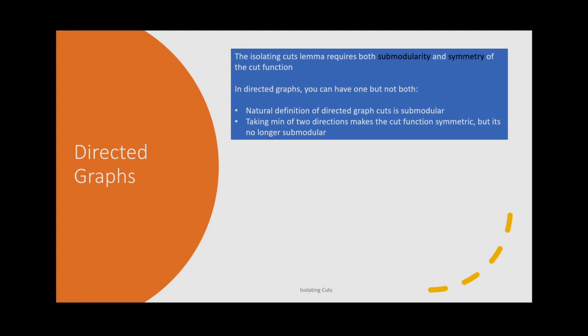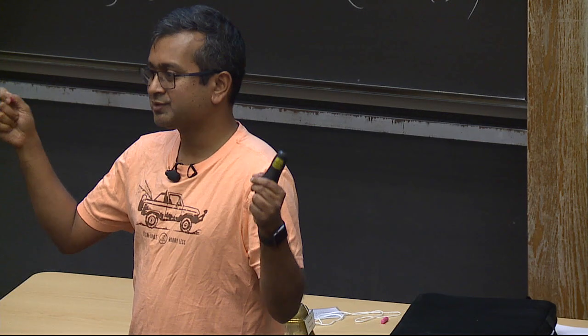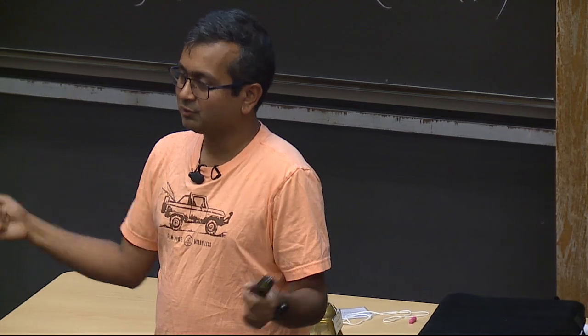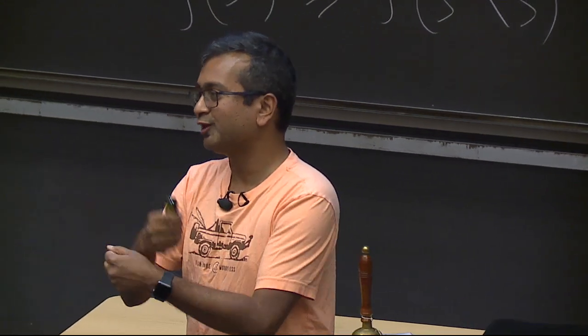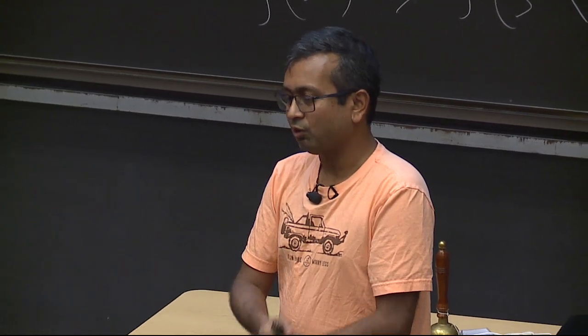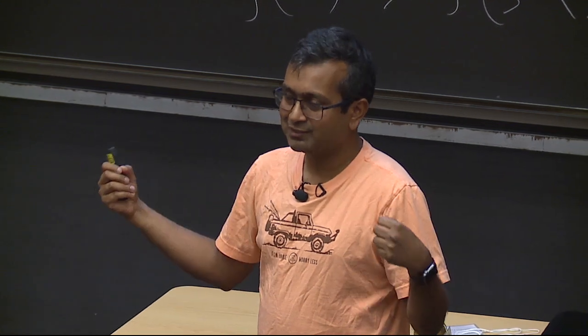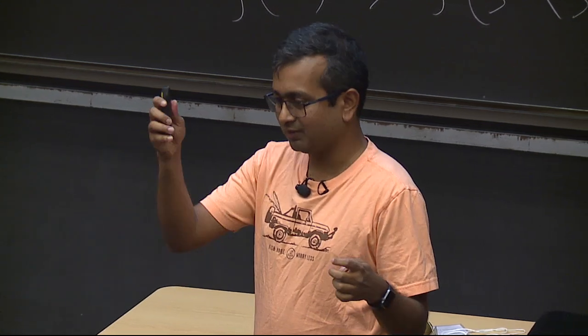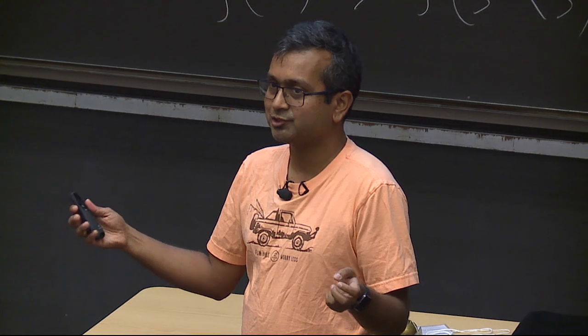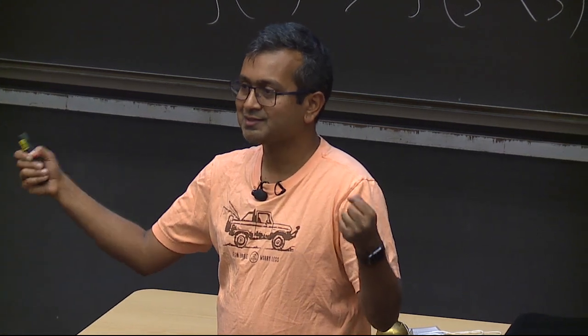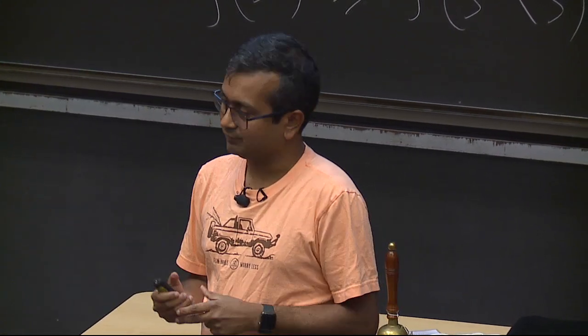Now, you can change your definition and think of the minimum cut as the minimum of the two sides. So when you say s-t min cut, you can either say s-t min cut is different from t-s min cut, or you can say s-t min cut and t-s min cut are both the same, and it's really the smallest number of edges whose removal makes s and t not strongly connected.